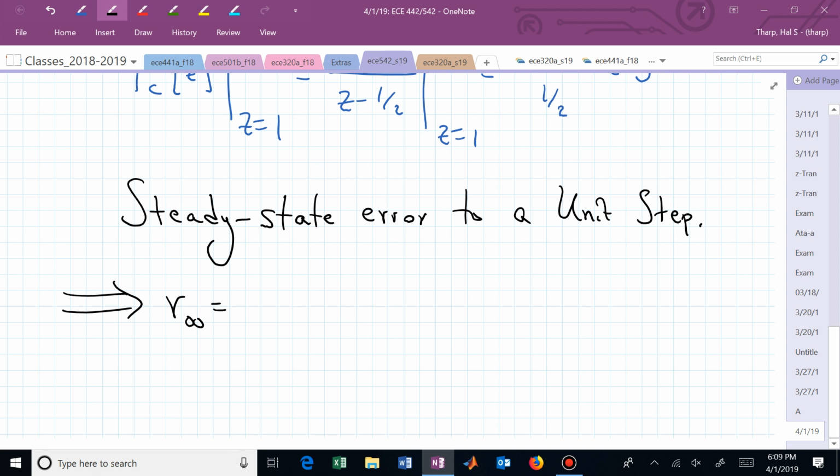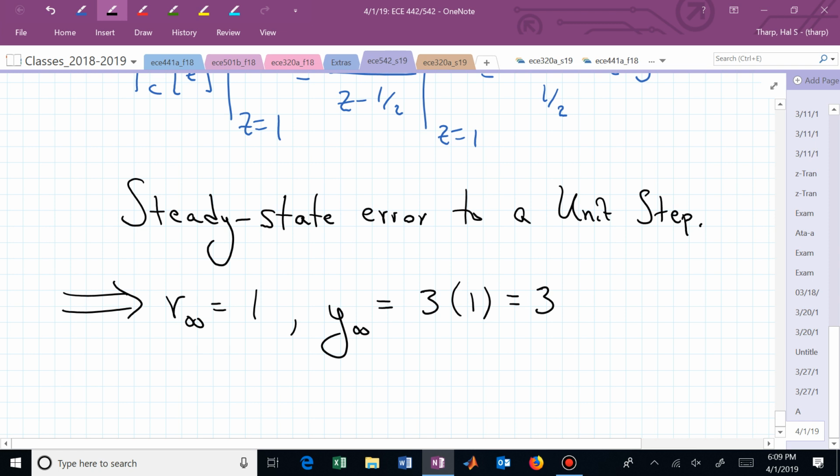If it's a unit step, what do we know the reference input needs to be? We know that's 1. What's the final value of our output going to be? We have our DC gain, which is 3, times 1. So we now have a final value of 3.